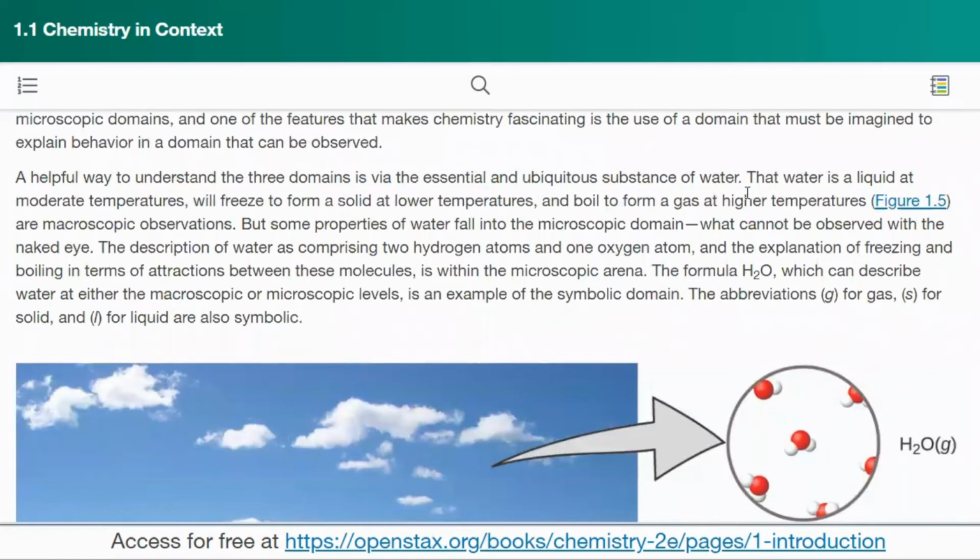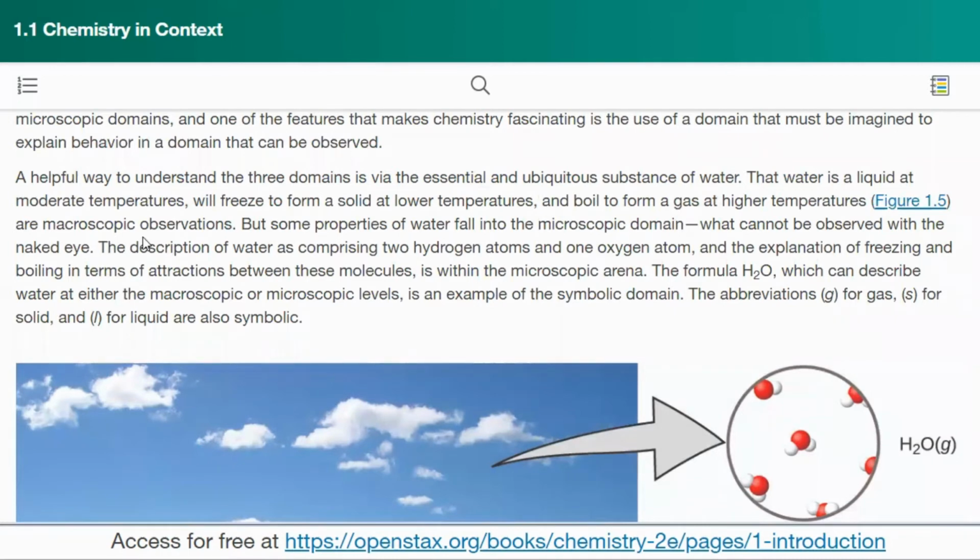That water is a liquid at moderate temperature, will freeze to form a solid at lower temperatures and boil to form a gas at higher temperatures, figure 1.5, are macroscopic observations. But some properties of water fall into the microscopic domain, what cannot be observed with the naked eye.